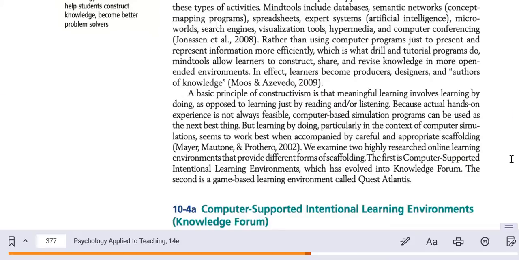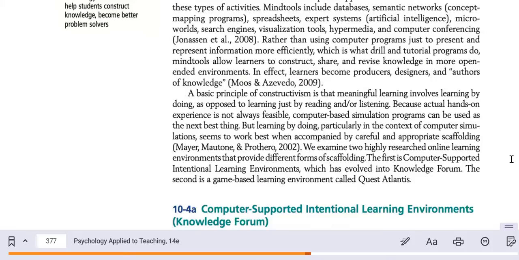A basic principle of constructivism is that meaningful learning involves learning by doing, as opposed to learning just by reading and/or listening. Because actual hands-on experience is not always feasible, computer-based simulation programs can be used as the next best thing. But learning by doing, particularly in the context of computer simulations, seems to work best when accompanied by careful and appropriate scaffolding.